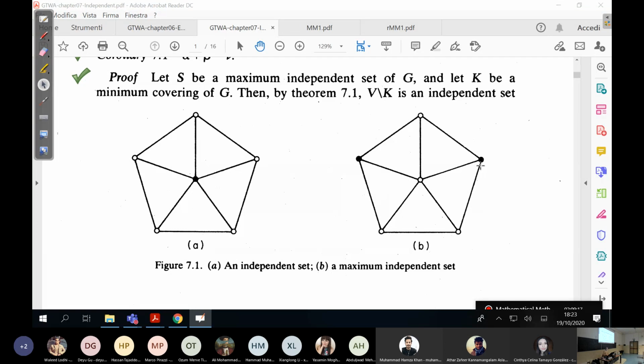This is the maximum one. Of course, being maximum, it is also maximal. And again, what you see is that if you take the complement, it is a covering in the sense we have seen in a previous chapter.